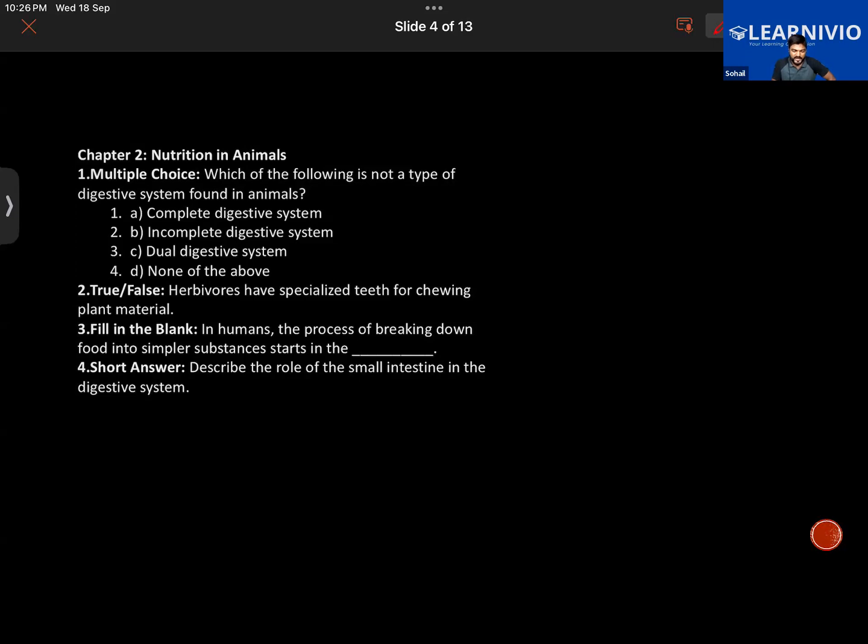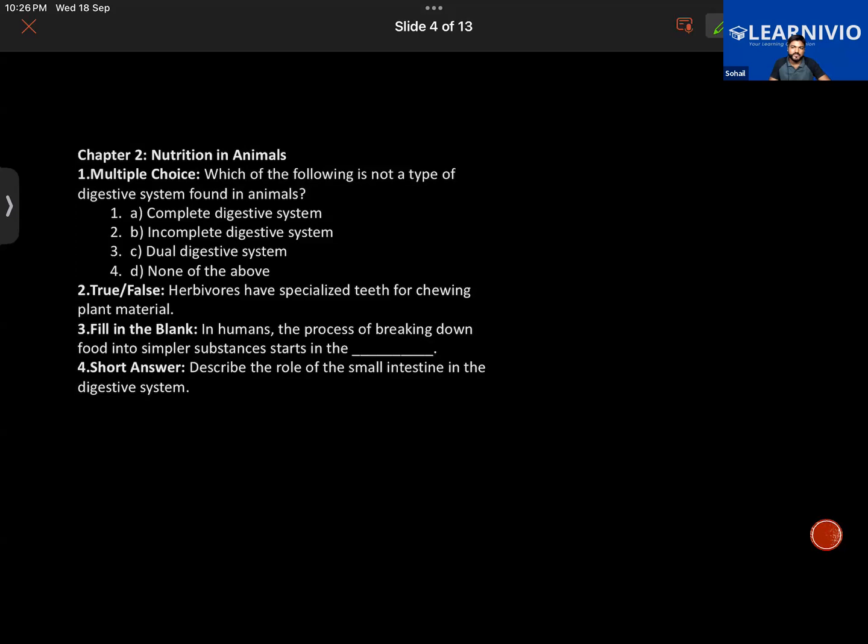Which is the site of complete digestion in the human body? The site of complete digestion of food in the human body. Site basically means place, area.